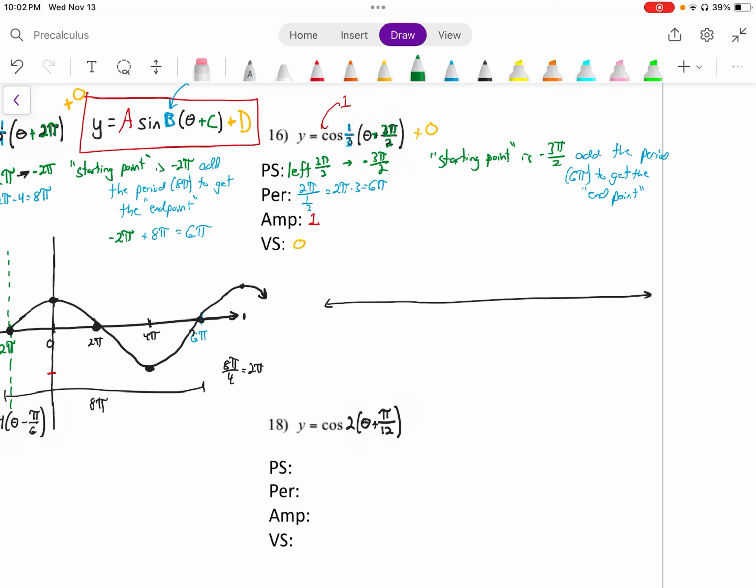So we will put our starting point at -3 pi over 2. It's a pretty long period, so I'll put a mark here. Now we find our endpoint: -3 pi over 2 plus 6 pi. We can get a common denominator of 2, so this is -3 pi over 2 plus 12 pi over 2, which gives us 9 pi over 2. So our endpoint is 9 pi over 2.